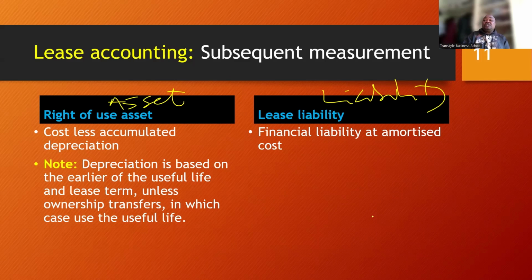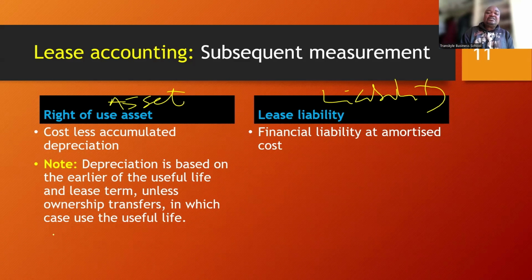So how are you going to charge depreciation? Are you going to use the asset's life or the lease term? Depreciation is based on the earlier of the useful life and the lease term. So in that case, you need to use the lease term, even if the asset's life was given. We are talking of leases, unless ownership transfers, in which case use the useful life.